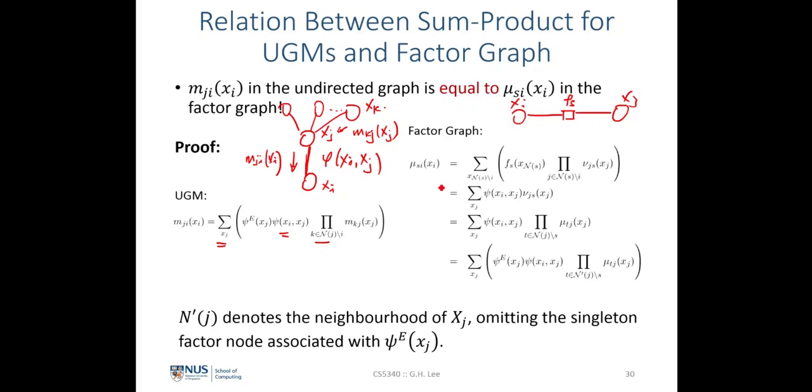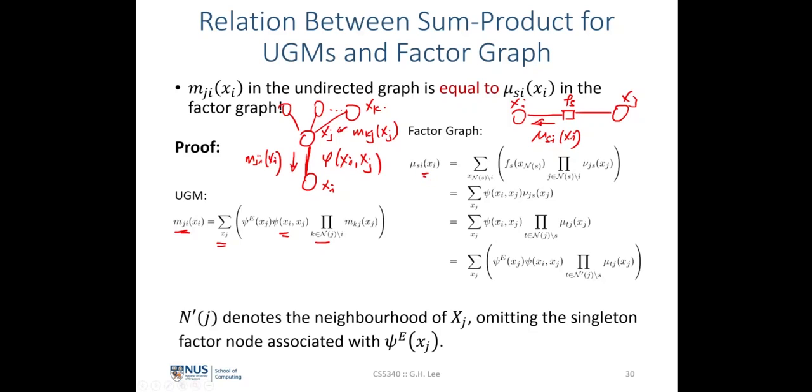So we'll see that this m_ji over here is equivalent to the message being passed from fs into xi, which we denote as mu_{fs→xi}(xi).